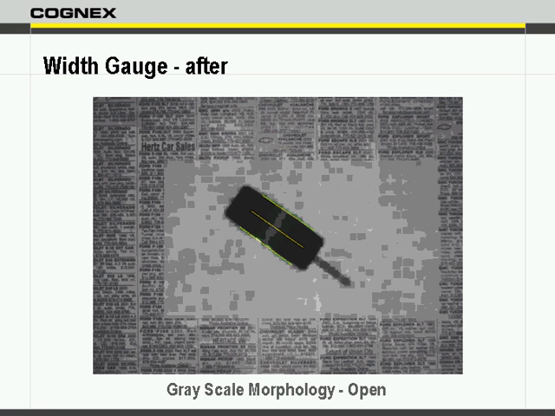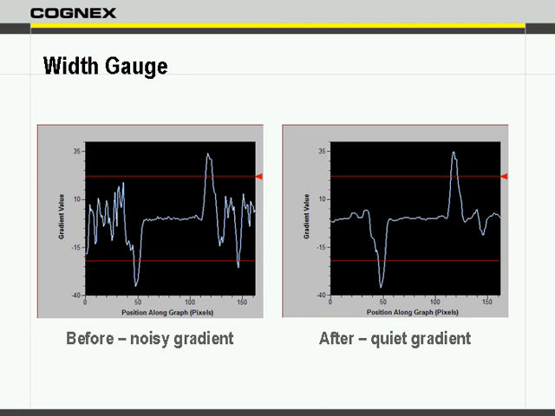Well, to get an idea of what the filter might be doing for us, we can look at the gradient graphs of these two tools. On the left graph, we see the pixel gradient graph of the edge tool applied to the noisy original image. And what you see is we've got two strong edges, the leading edge and the trailing edge.